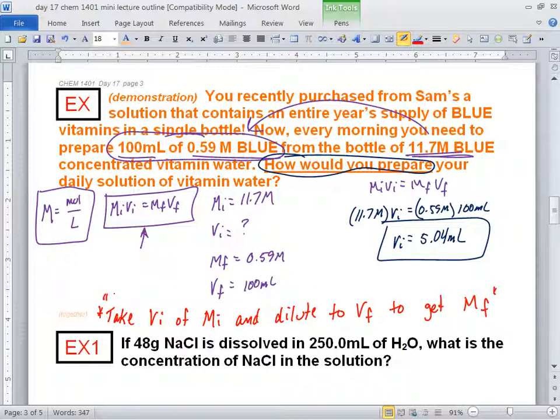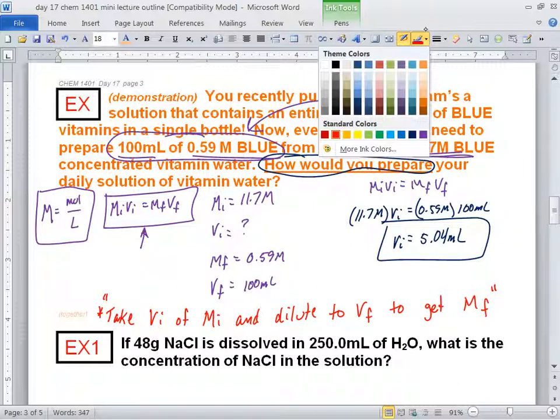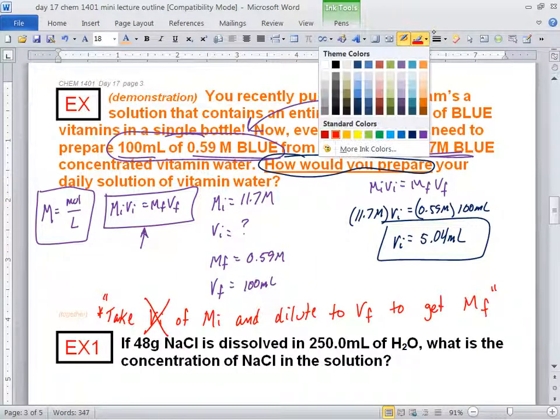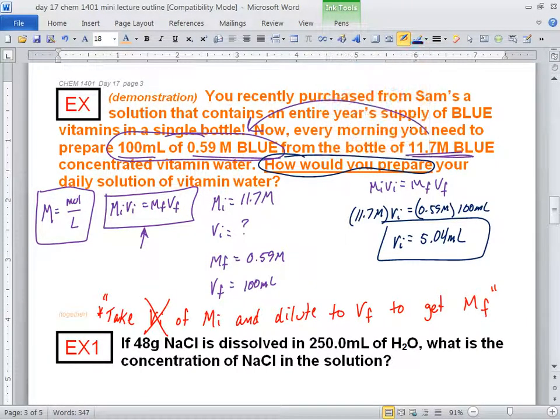Now, my variables, I can't leave them in there. I've got to cross them out and put in the real answers. So instead of saying take Vi, Vi is 5 mils.